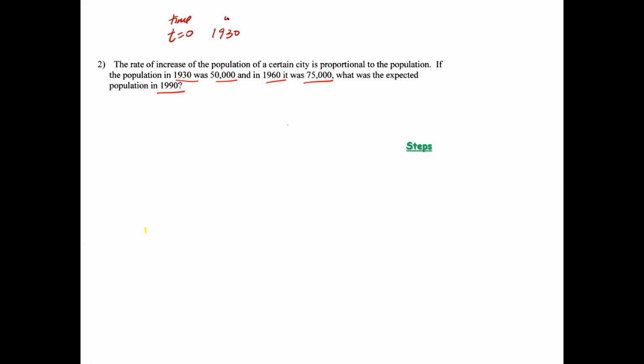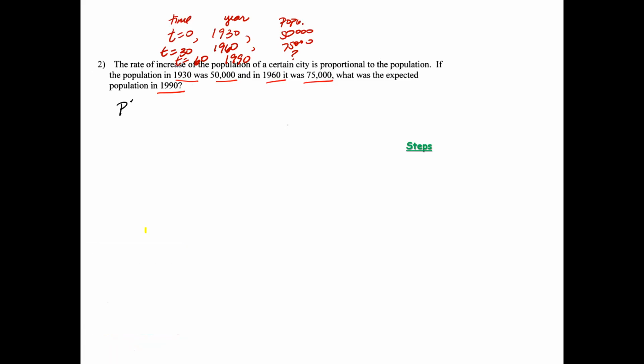So time, year, and population. So t equals 0, year is 1930, the population was 50,000. Then in 1960, the difference here is 30 years, the population was at 75,000. And then in 1990, the difference here is going to be t equals 60, and I need to know what the population is. So that's kind of how I'm breaking it down.